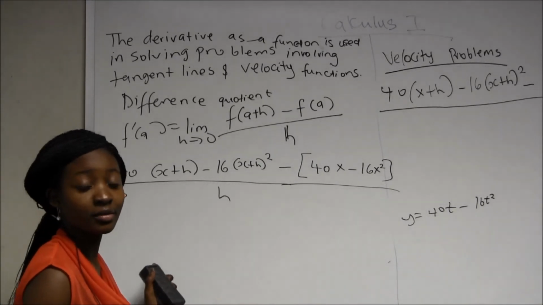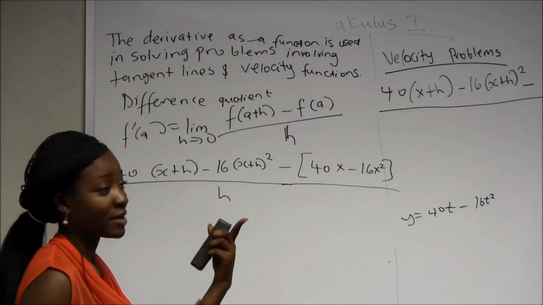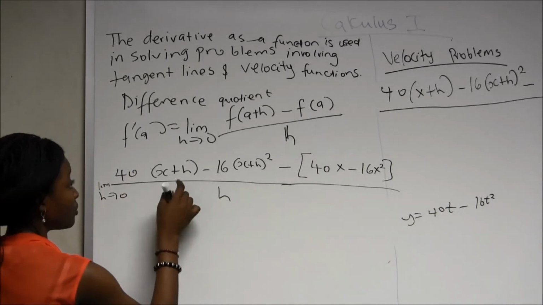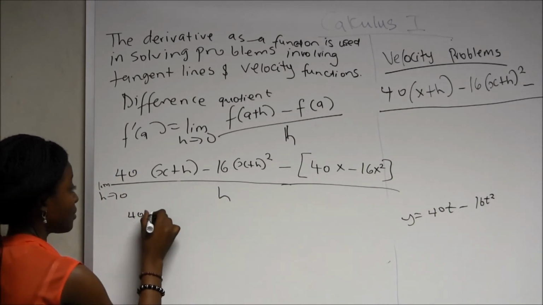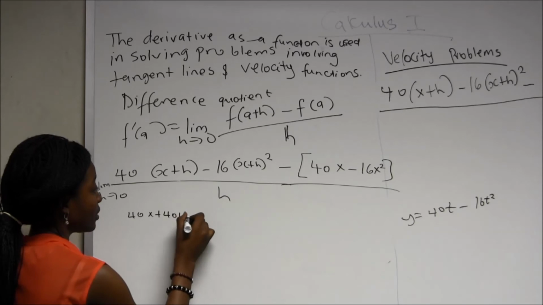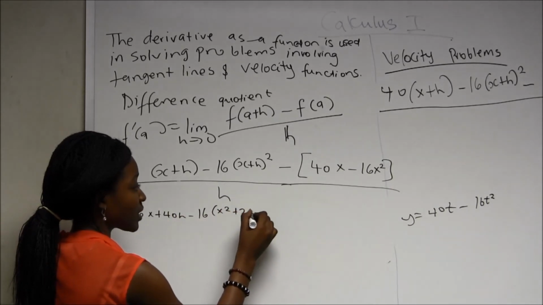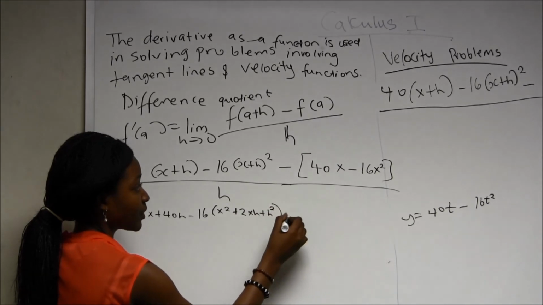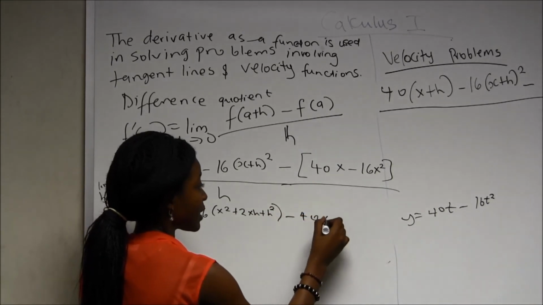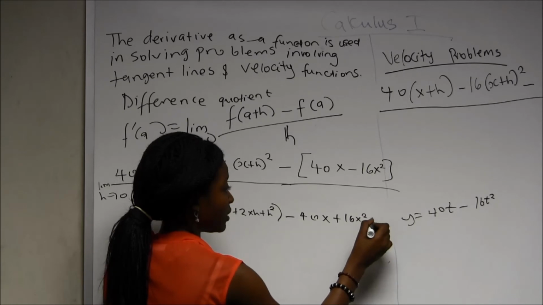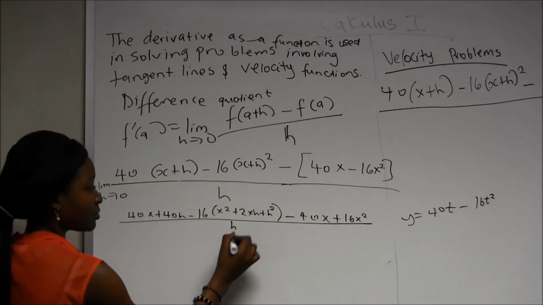That's what I'm going to have. So now I'm going to have to expand my bracket, and this is going to give me 40x plus 40h, and I have negative 16 times (x squared plus 2xh plus h squared), and here I have negative 40x plus 16x squared all over h, right?